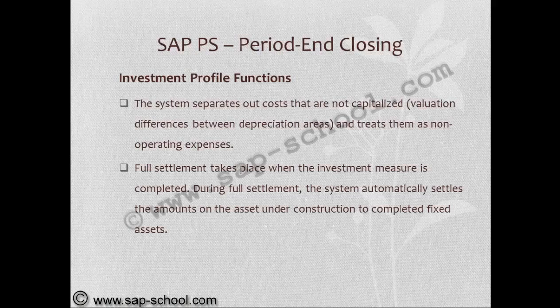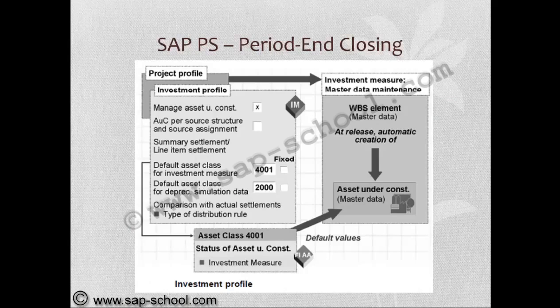Full settlement takes place when the investment measure is completed. During full settlement, the system automatically settles the amounts on the asset under construction to complete fixed assets. So in the investment profile, which will be assigned to the project profile, the investment measure will be considered as a WBS element, and whenever we release the WBS element, the automatic creation of the asset under construction will take place.